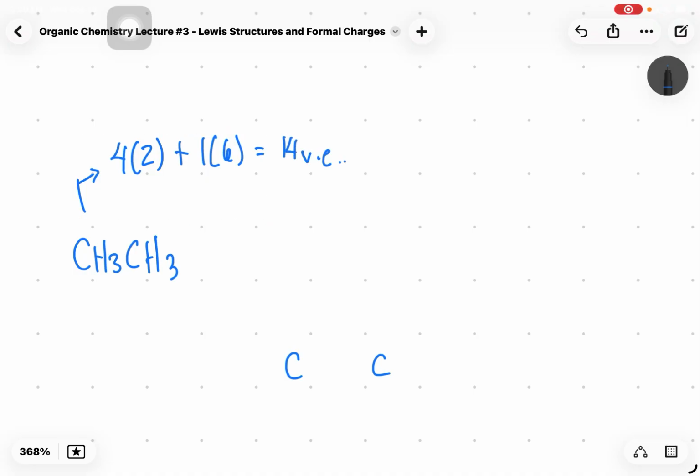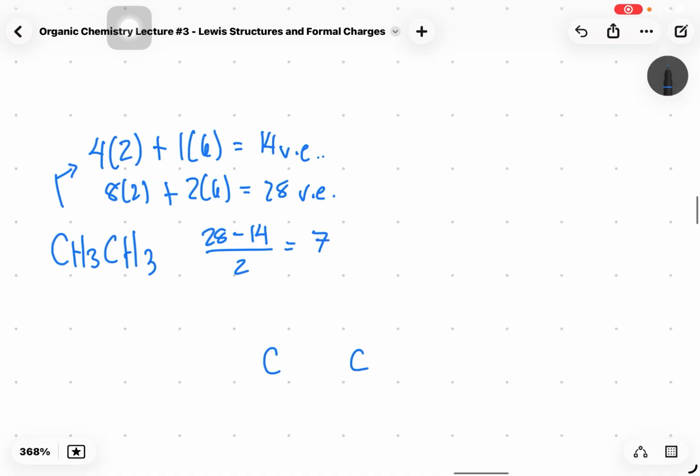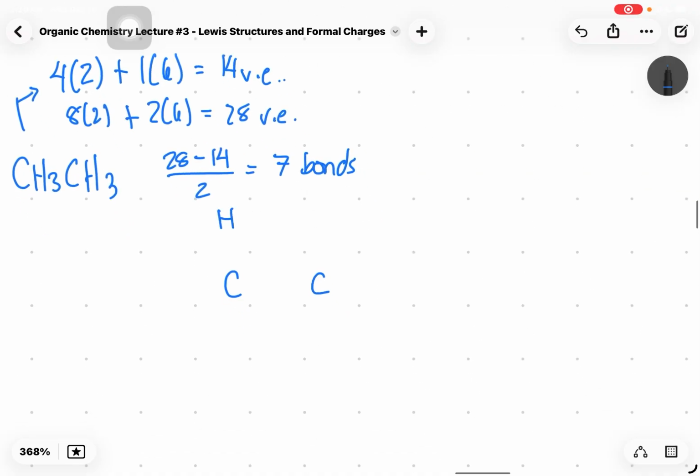And then we have 8 times 2 plus 2 times 6. That's 16 plus 12, which is 28 valence electrons. Now we subtract 28 by 14 divided by 2. It's going to be 14 divided by 2, 7. I have 7 bonds. Let's just lay them out like this first.